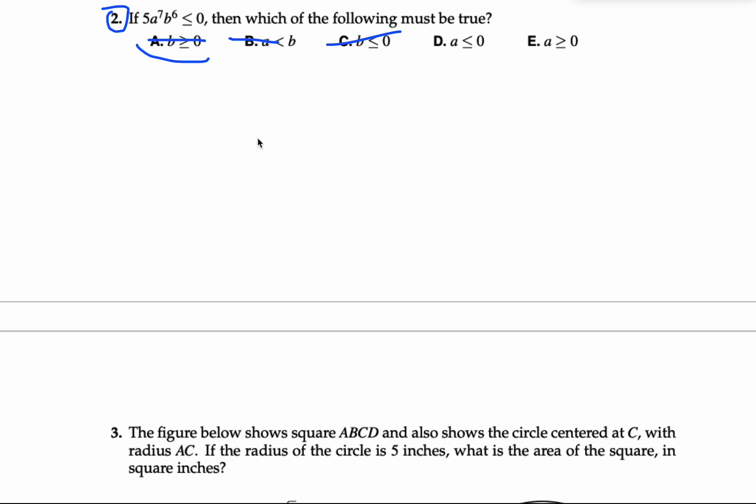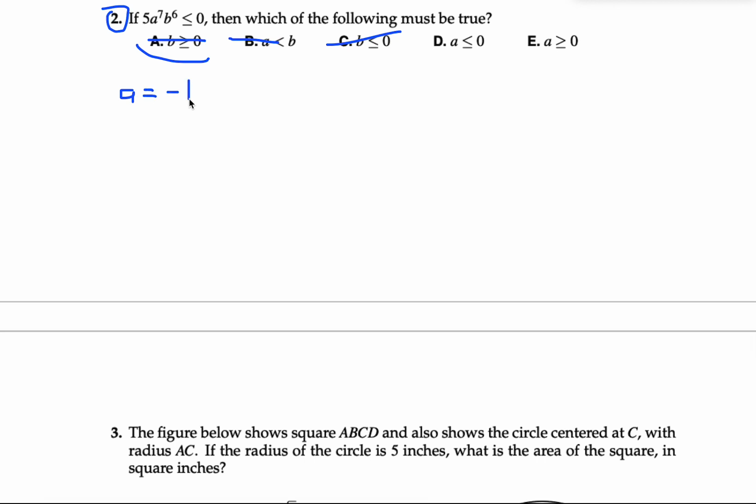So option D is saying that a is less than or equal to 0. So a is less than or equal to 0. In that case, then a should be a negative. Well, let's just make it easy on ourselves and set a to a negative number. So what we could do, just set up a to -1.